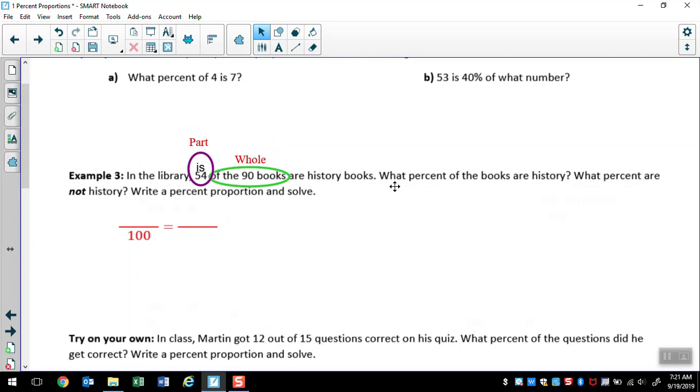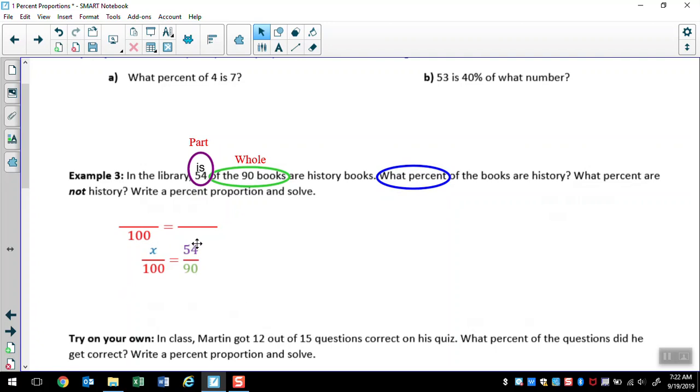All right, so then they want to know what percent of the books are history. We don't know the actual percent, so now we're going to fill in what we have. We've got the 100, and then two more numbers to put in, and then we're going to have our variable. So our proportion will end up looking like this.